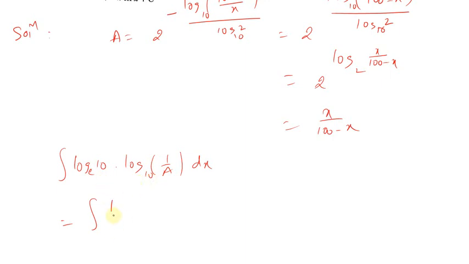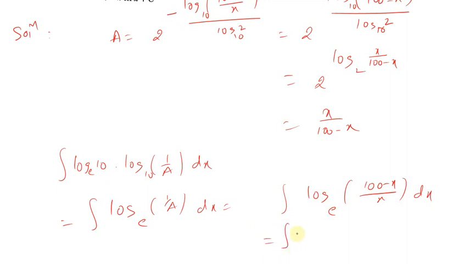Log 10 gets cancelled, and you are getting log 1 by a base e dx. So according to this, log of 1 by a is nothing but 100 minus x by x base e dx. So you can write this as integration of log of 100 minus x dx base e minus integration of log x base e dx.